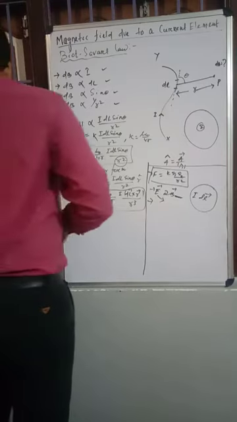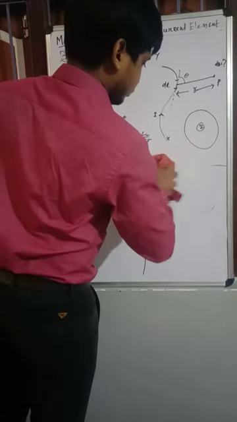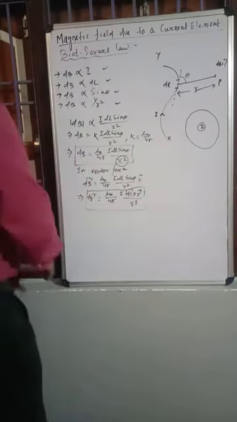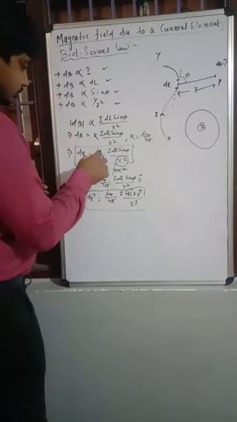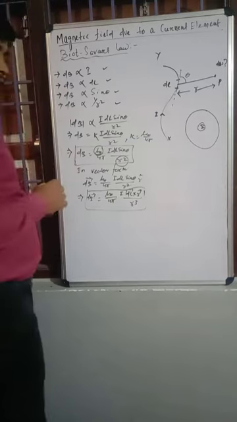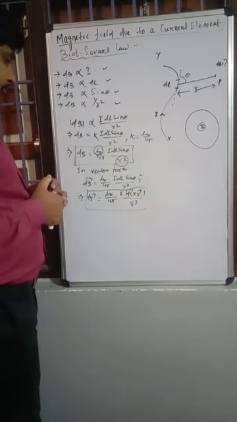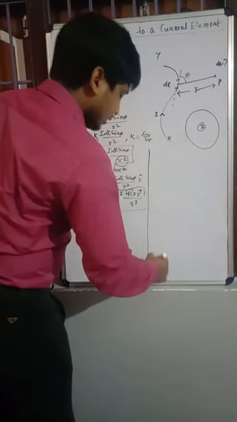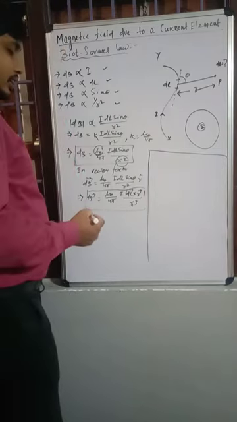Then, okay, I have forgotten. You see, this mu naught which is present here is the permeability of the medium. So now I will find out the relation between mu naught and epsilon naught.